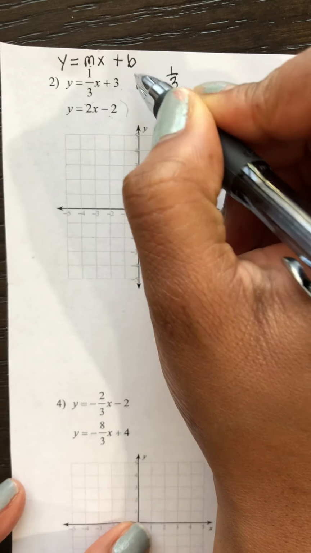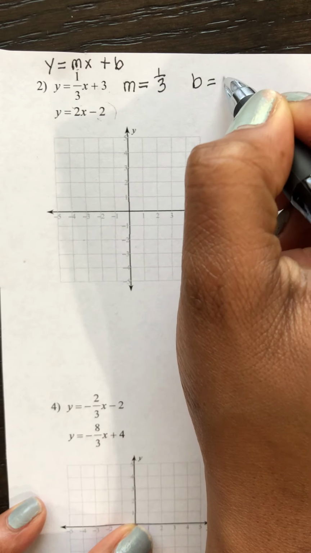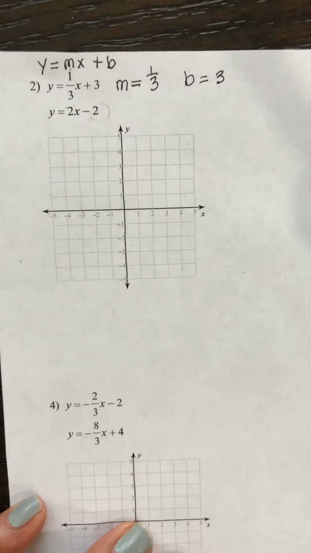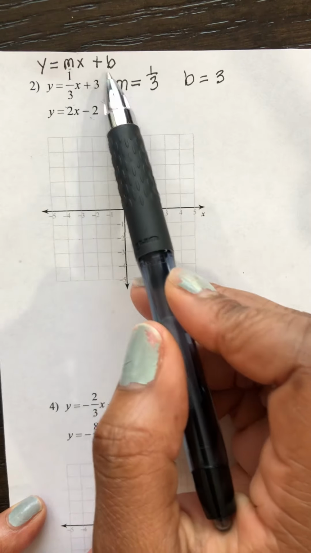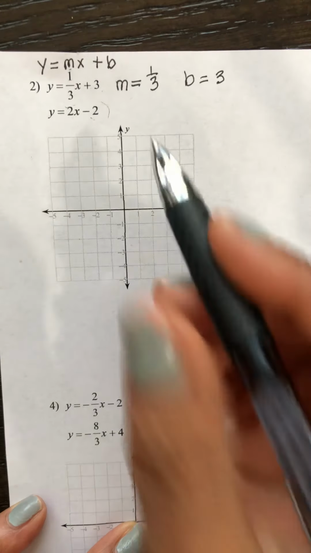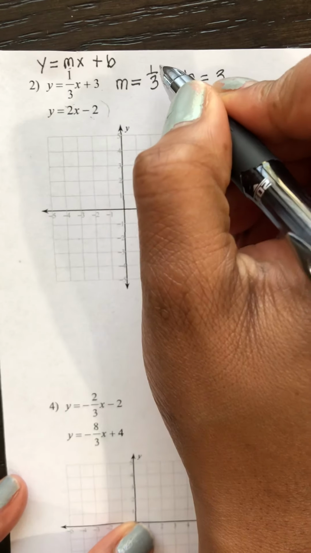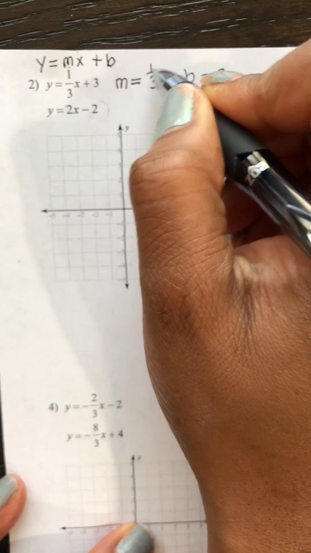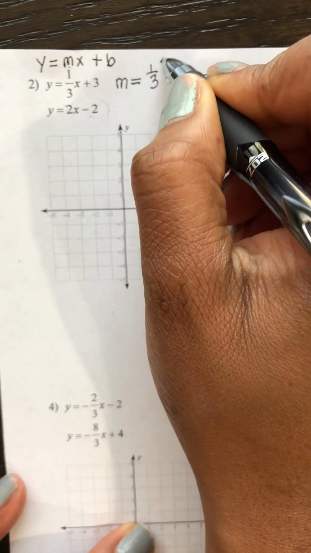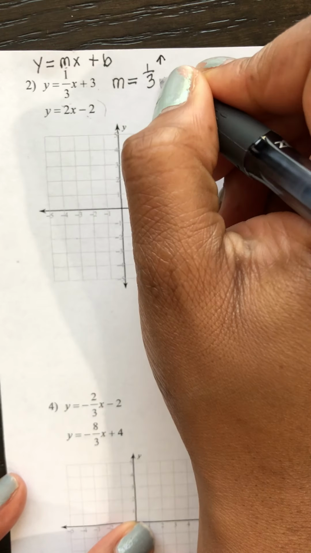Okay, and that means that our y-intercept, or our b, for that equation would be 3. Okay, so we've just identified our slope and our y-intercept. And remember, with slope, the top number is your rise, and then the bottom number is your run. So your rise is 1, so that means you're going to be going up 1. And your run is positive 3, so that means you're going to be going to the right 3.